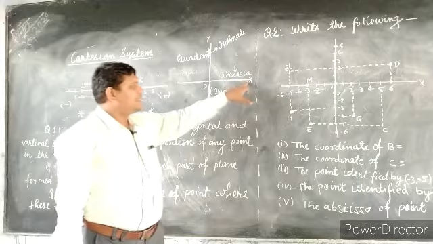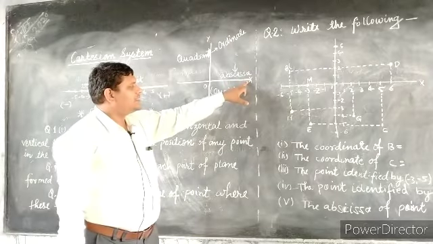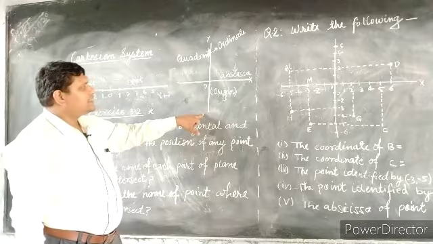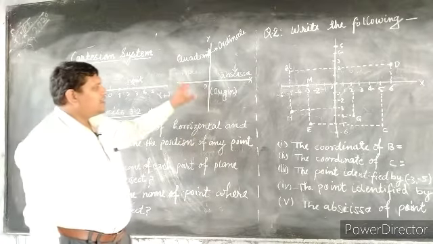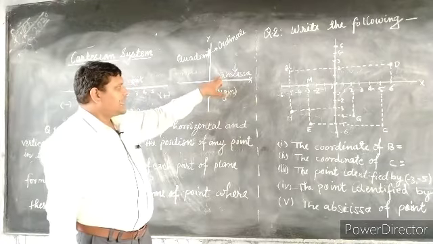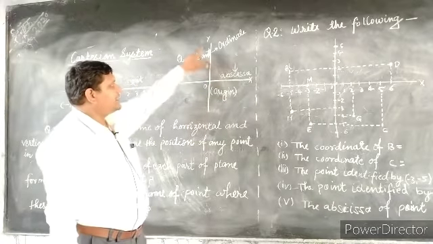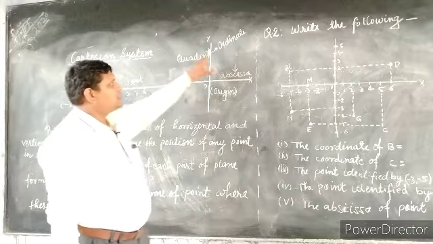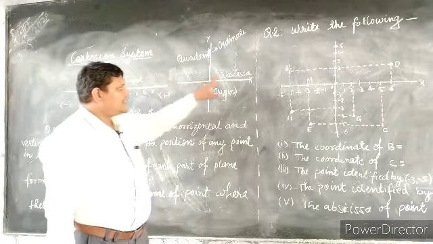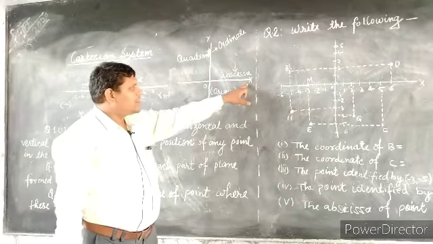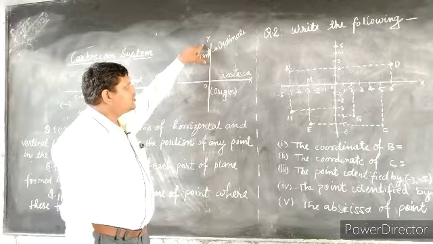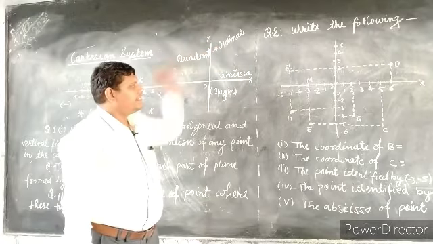This one is the x-axis, the horizontal line, and this one is the y-axis, the vertical line. The horizontal line is known as abscissa, and the vertical line is known as ordinate.